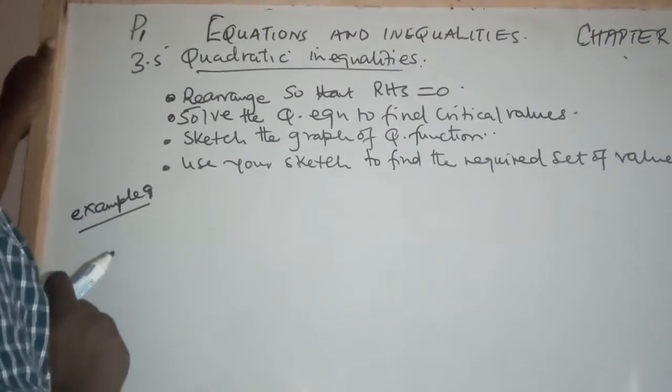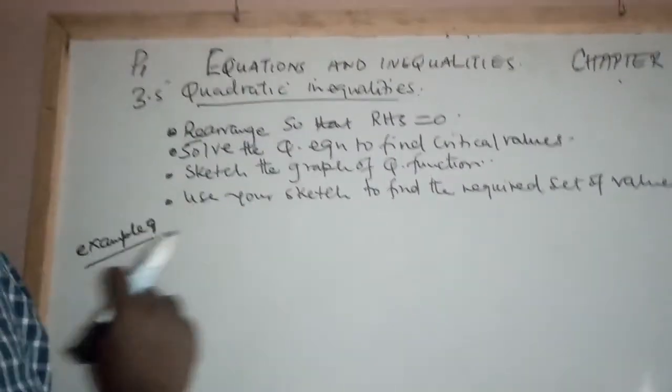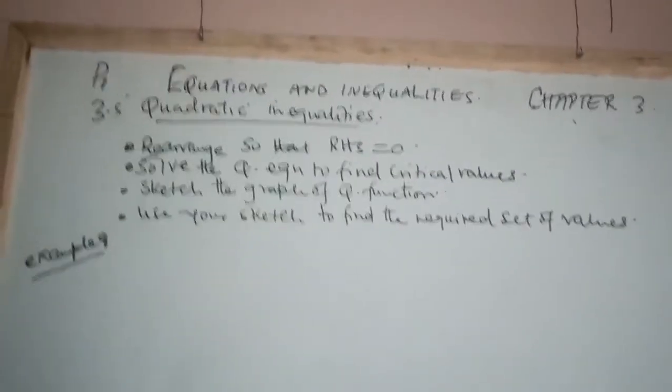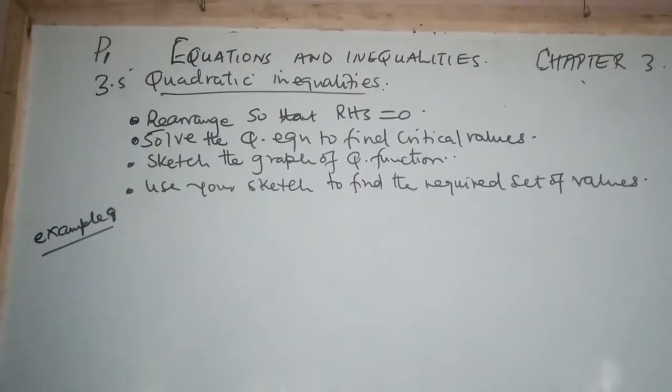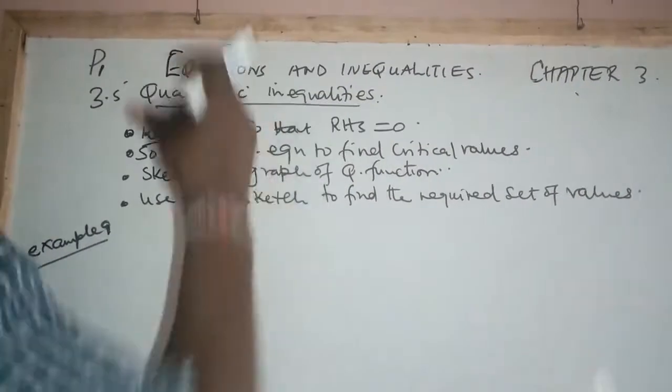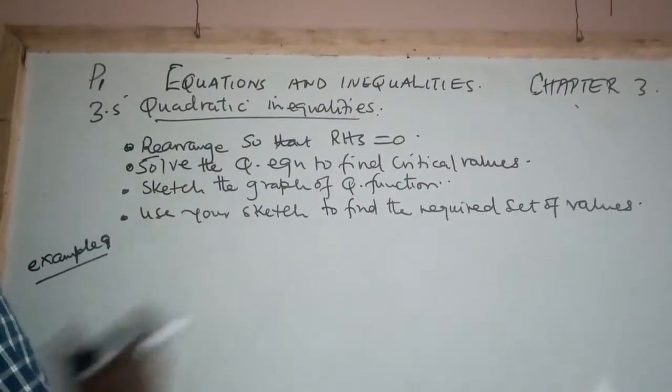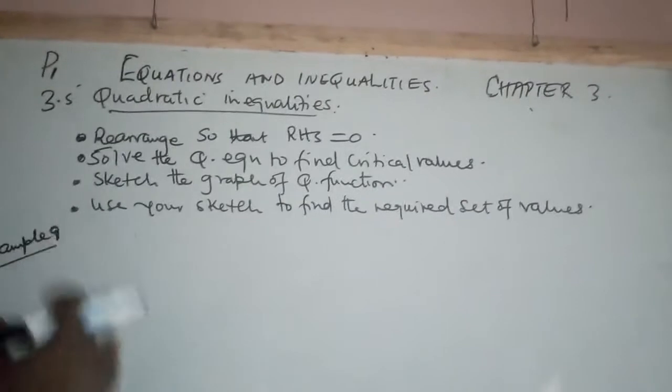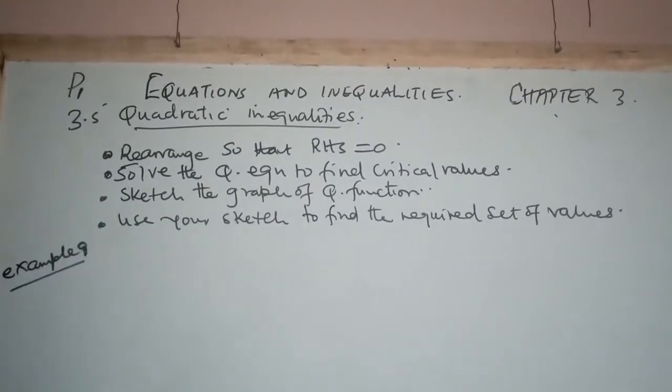We are looking for a value or a range which satisfies the inequality. So x is not supposed to be a specific single value. It's supposed to be a range. In other words, a range of values are supposed to satisfy that inequality.